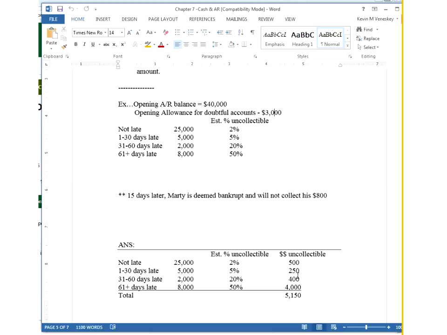So here's part of my answer now. I've got the 500 that I said. And then when you calculate all the rest of these, like 8,000, 50% of that is 4,000. If you add all these up, this becomes what my new allowance for doubtful accounts should be, $5,150. I started with 3,000.